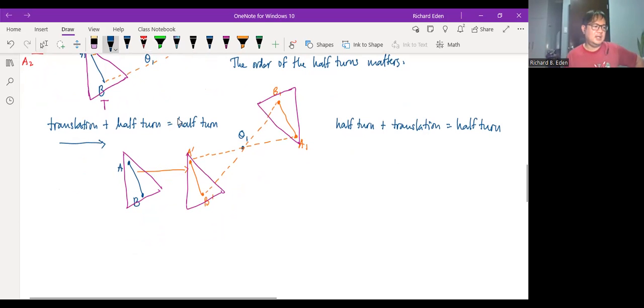So for a half turn, okay, when we talk of a fixed point of a transformation, we're talking about things which don't change. So if we perform a half turn, what is the only point on the plane which does not change or is the same as its own image?